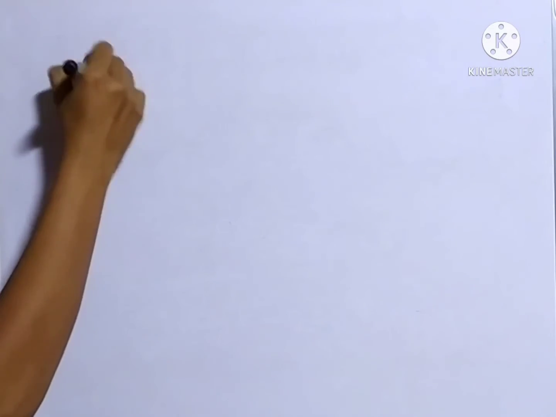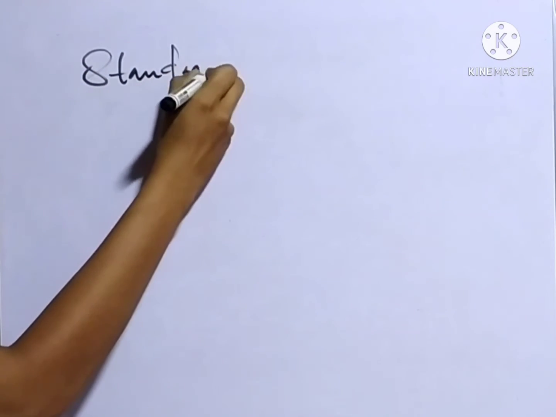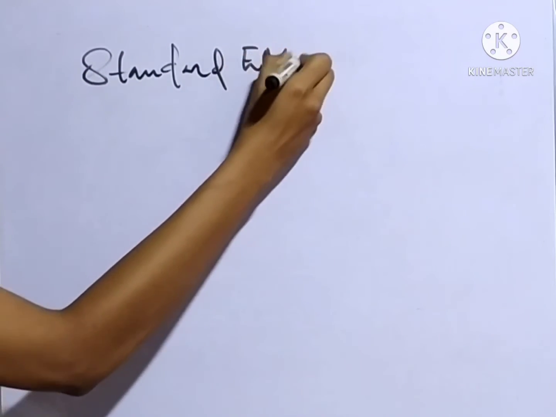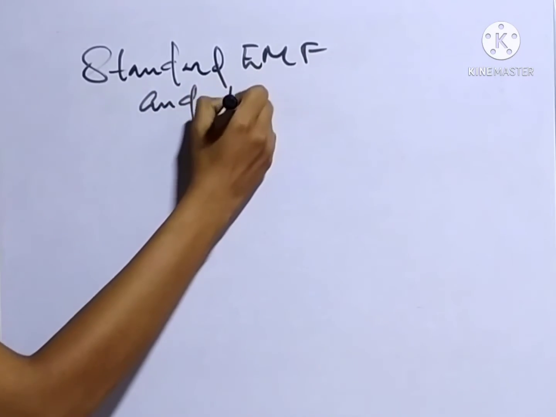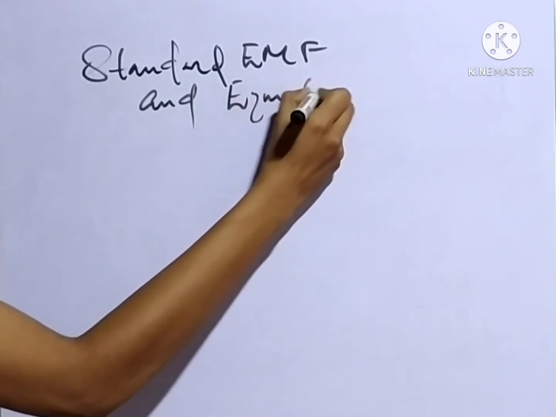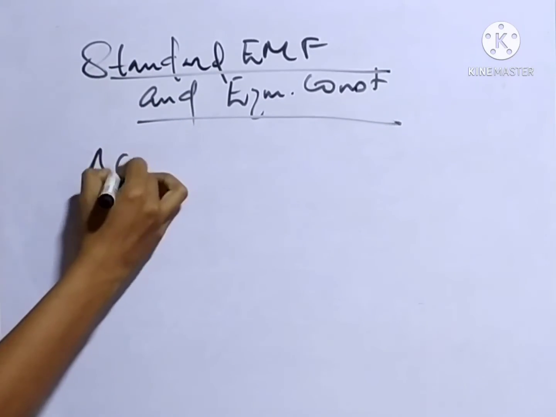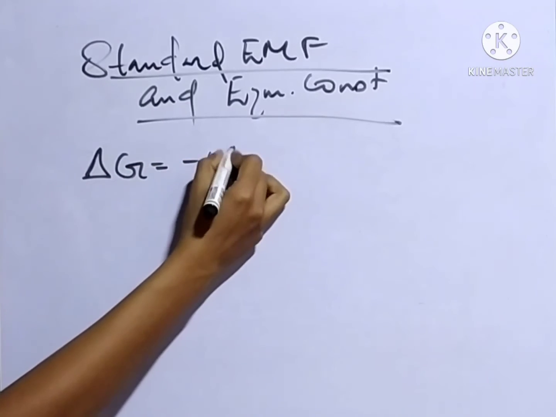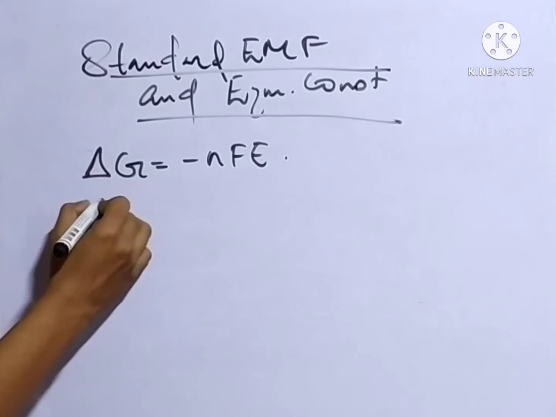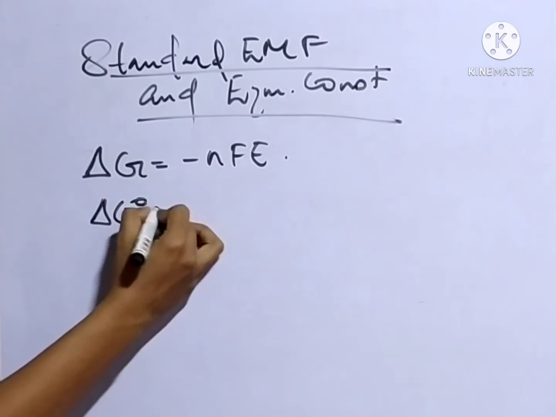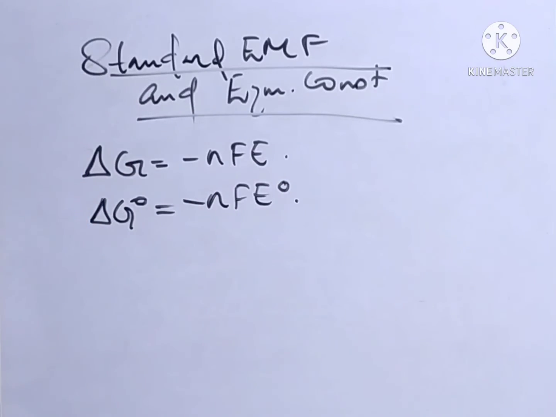Now, let us find out the relation of standard EMF and the equilibrium constant. We know delta G equals minus nFE, right? If you are calculating the standard free energy, this will be equal to minus delta G0 equals minus nFE0.